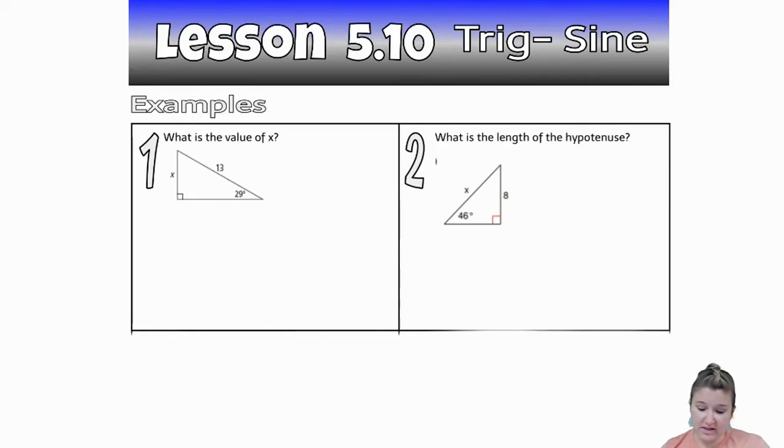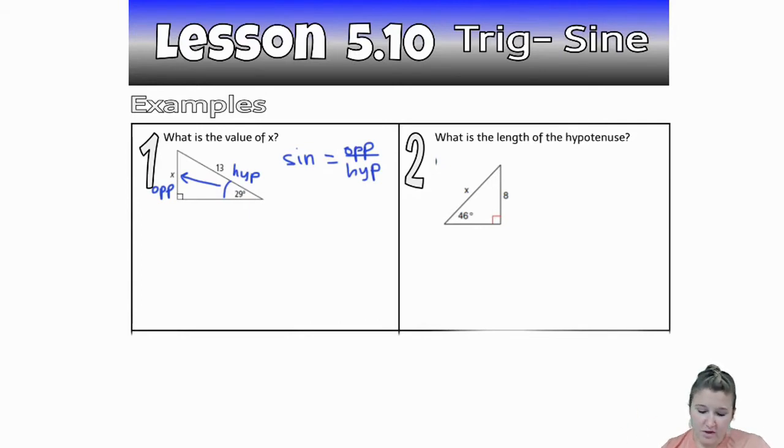What you'll notice is that we have an angle measure and we have the opposite side, which is x, and the hypotenuse, which is 13. So remember that sine is opposite over hypotenuse. It'd probably be a really good idea to start writing that out every time so that you remember.